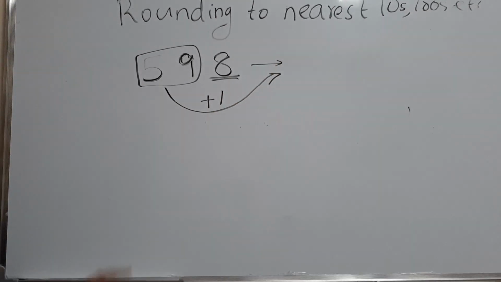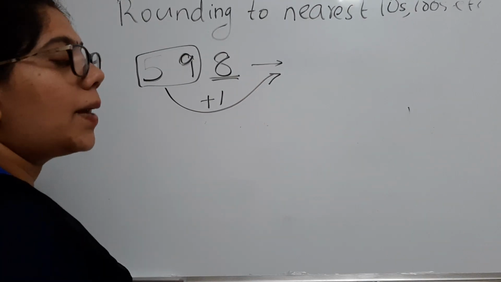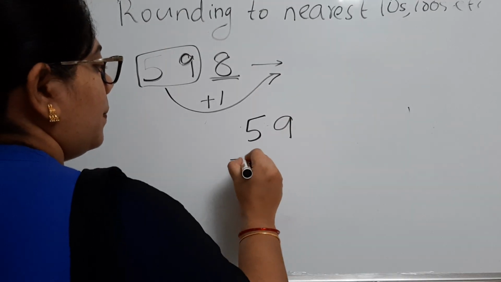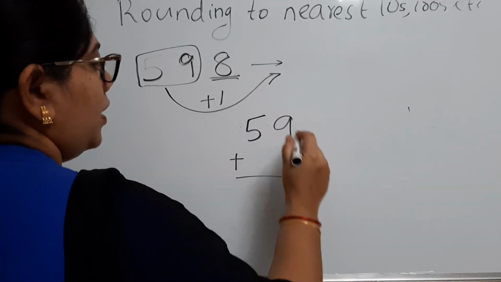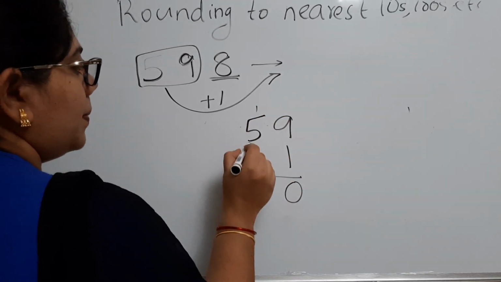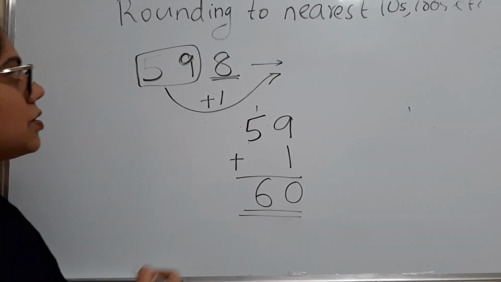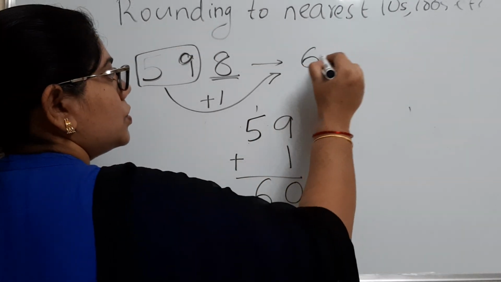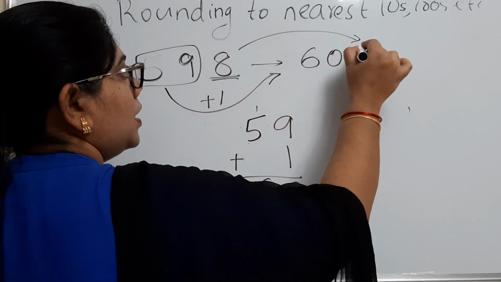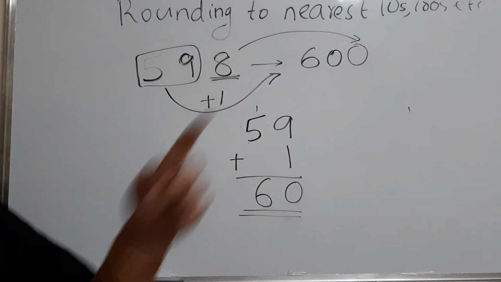So here 59 plus 1. What is 59 plus 1? 9 plus 1, 10. 1 balance. 1 plus 5, 6. So 59 plus 1 is 60. Then this ones place will become 0. So our answer is 600.